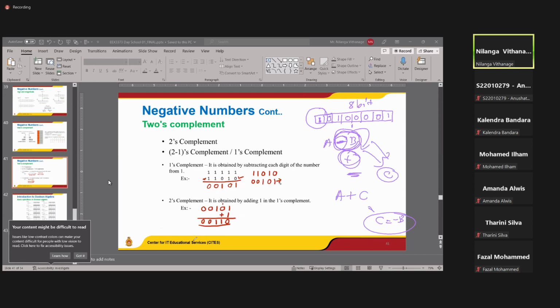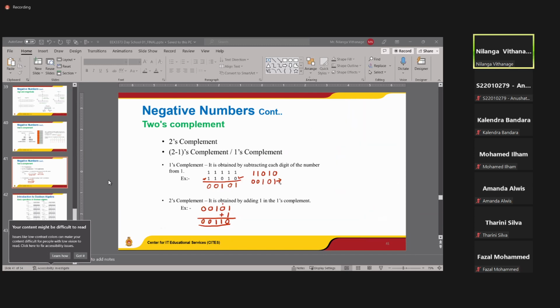Within a few microseconds, it can do all these calculations. Since we have to learn these things, we have to understand the correct steps as well. If you need further information, I will share some videos so you can refer to them and get an understanding about it.